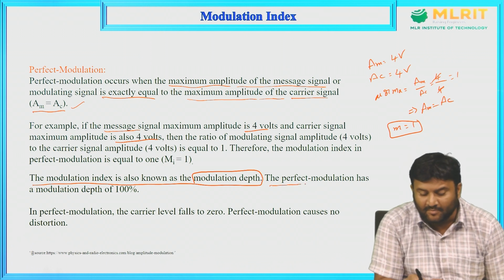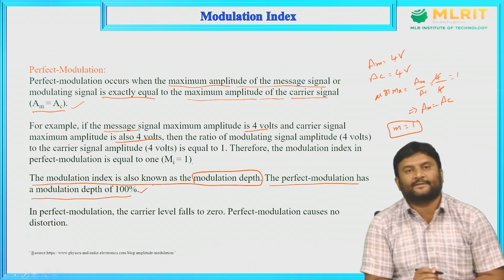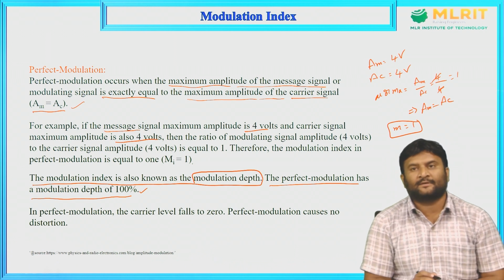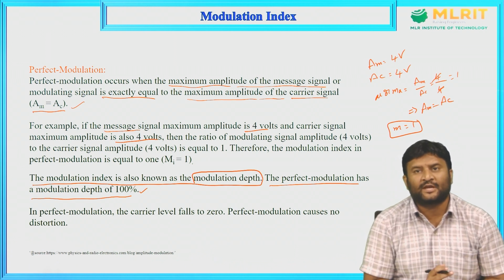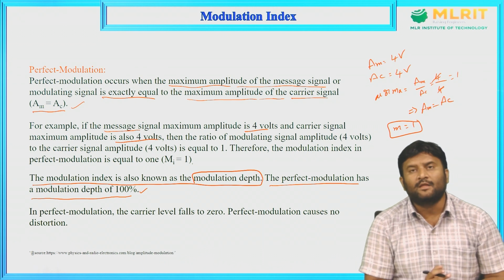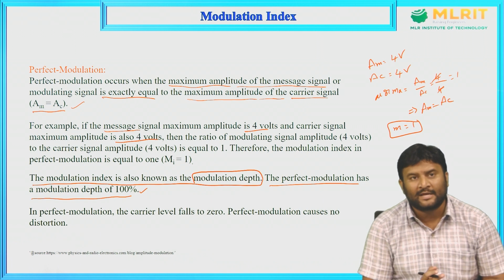The perfect modulation has a modulation depth of 100%. Because both are equal, we achieve 100% modulation when the amplitude levels of the message signal as well as the carrier signal are equal.